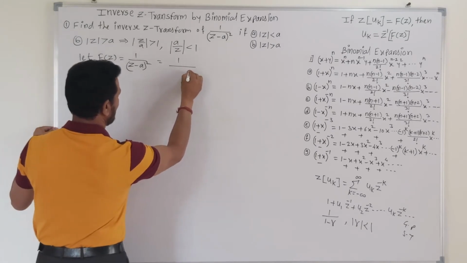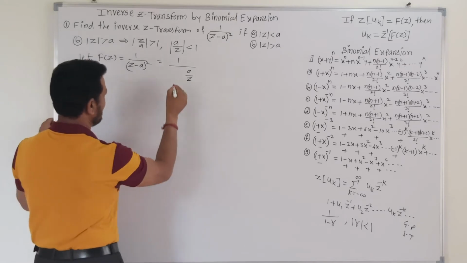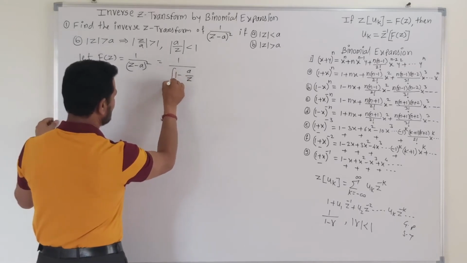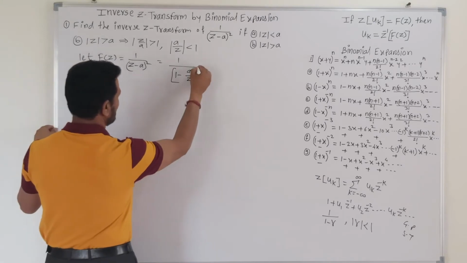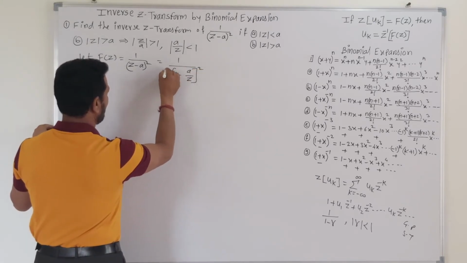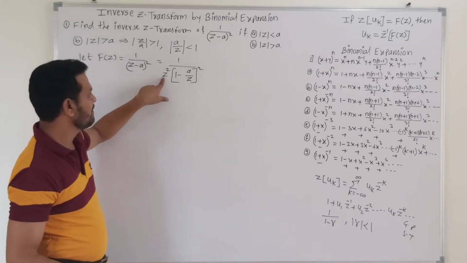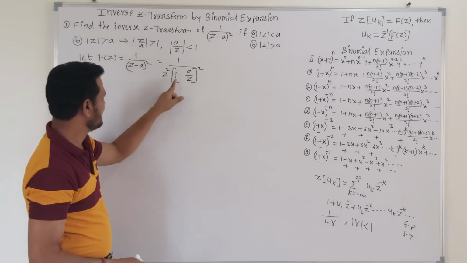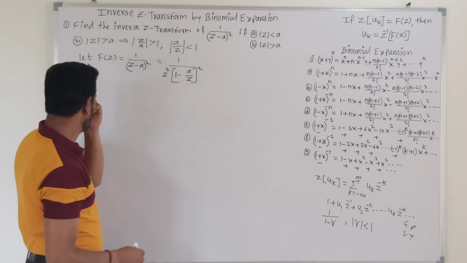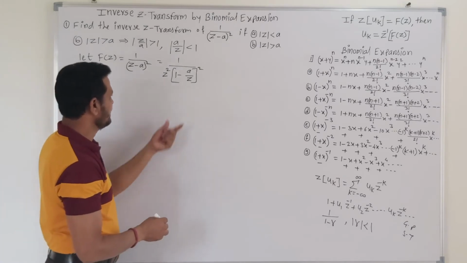So this a by z form is possible when we take the term z common. Here we are taking the term z square common. Here we take the term z common because we require the value of r as a by z. So this is a by z. After taking z common, we get this as 1 minus a by z its square.